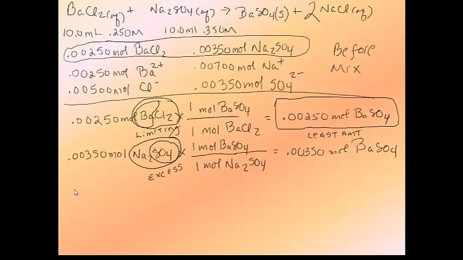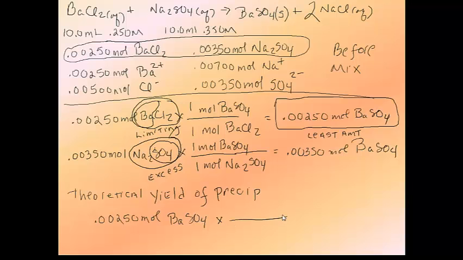I need to know the theoretical yield of the precipitate, and my precipitate is, of course, the barium sulfate. I have 0.00250 moles of the barium sulfate.